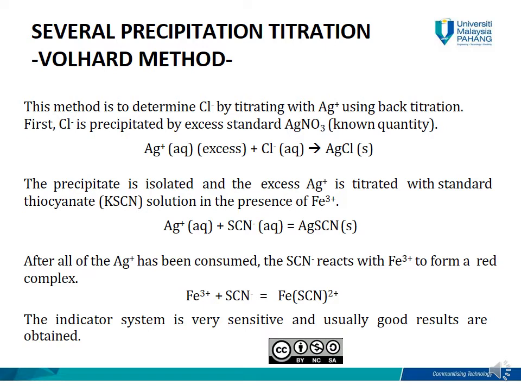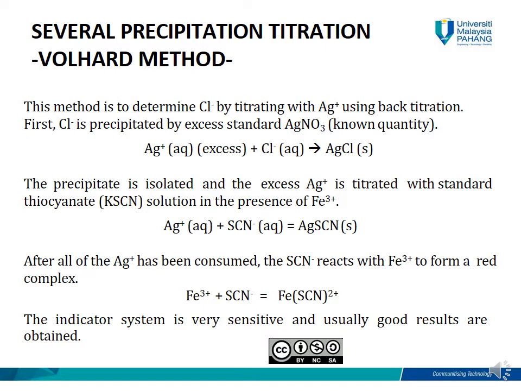We use silver nitrate as the precipitating agent, the same analyte and the same precipitating agent. In this Volhard method, you will see that you require another precipitating agent. In this case, potassium thiocyanate is your second precipitating agent.